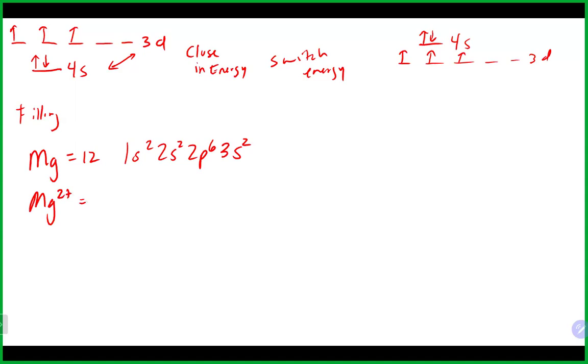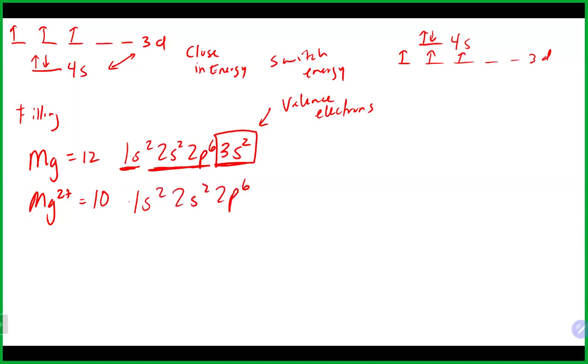That means that with a +2 charge, it should only have 10 electrons. The electrons on the first and second energy levels stay, and right here, these are the valence electrons on the highest energy level, and those are the two that it will lose. That gives us 1s2, 2s2, 2p6 as the electron configuration for magnesium with a +2 charge, which is the same electron configuration as our friend neon.